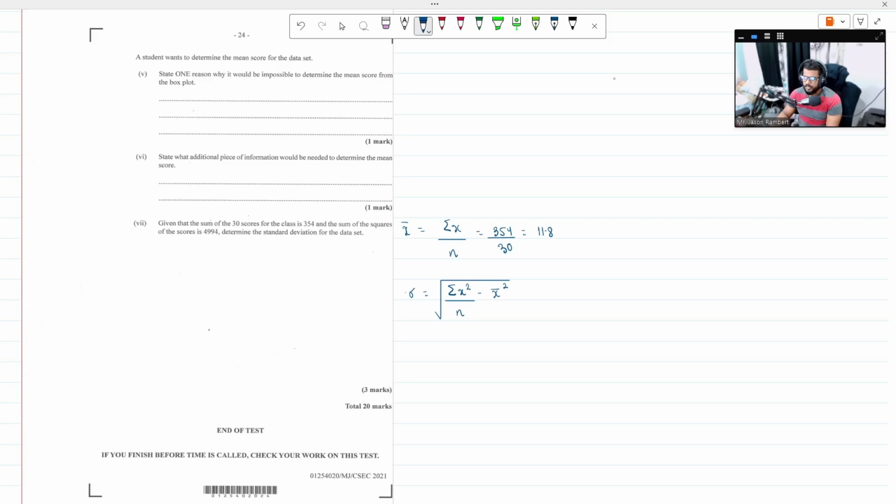The sum of the squares of all the scores is 4994, divided by n, which is 30, take away the mean squared, and the square root of all of this.